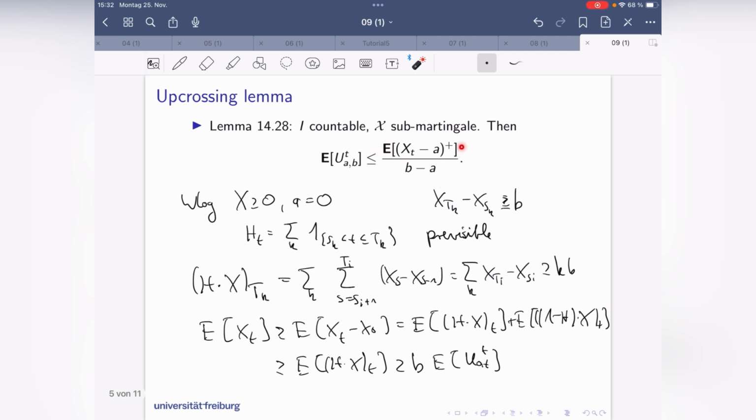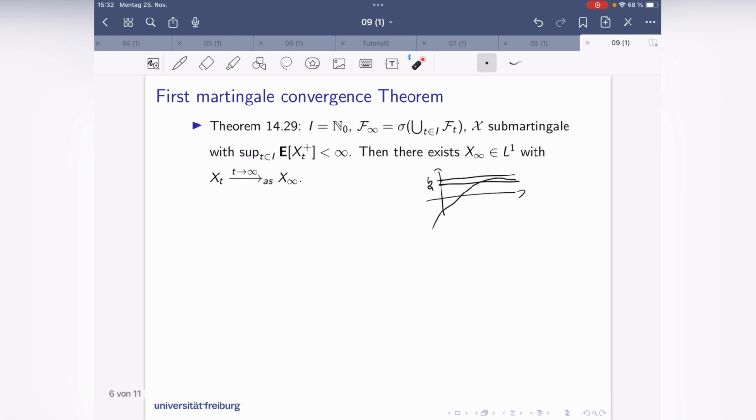all these right-hand sides will be not infinity. It might be 0, but they're not infinity. And if that's not infinity, all these upcrossings are not infinite in expectation, and if they're not infinite in expectation, they're almost surely not infinite.